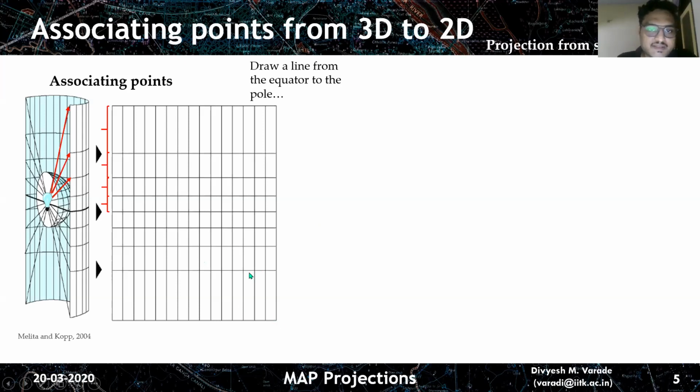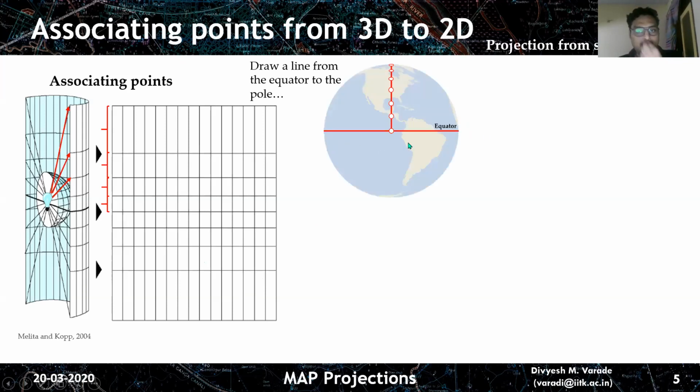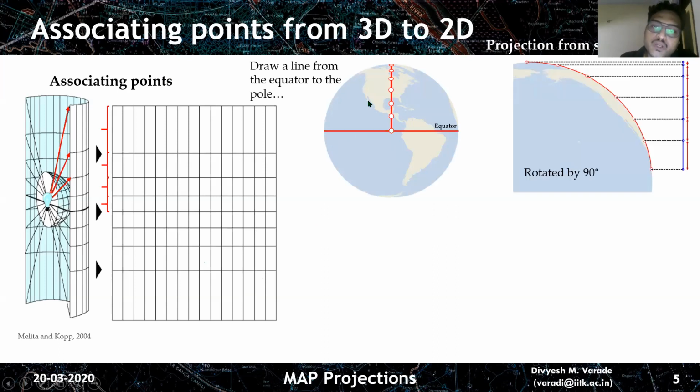So let's take another example where we draw a line on the equator, and from this we project on a meridian some points that are distanced equally. Now, if we were to rotate it around and project these points on a sheet of paper, we see that the distances are no longer preserved.